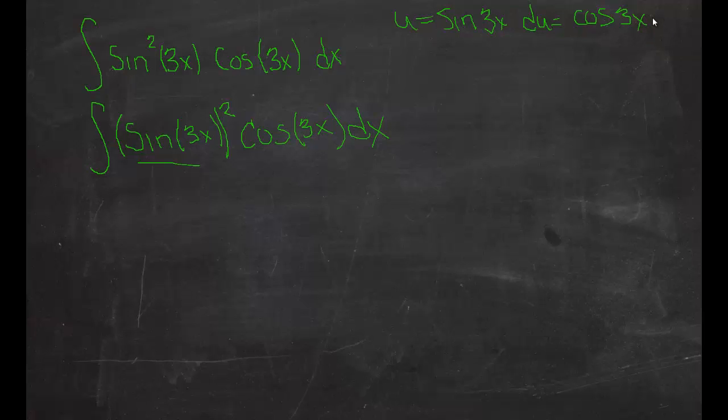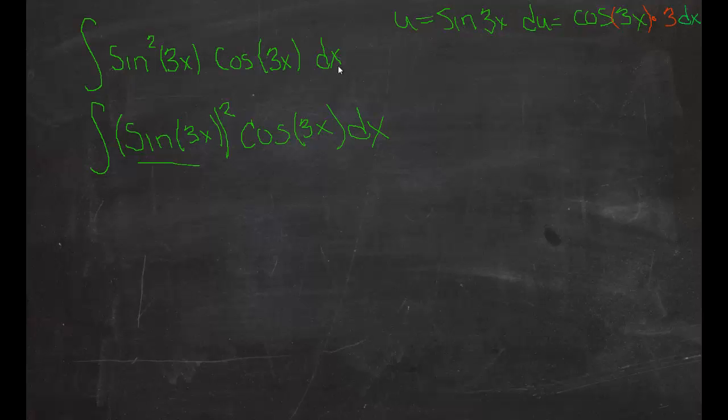So we're going to basically take the derivative of 3x, and that's going to give us 3. And then, of course, we're going to have our dx still here.